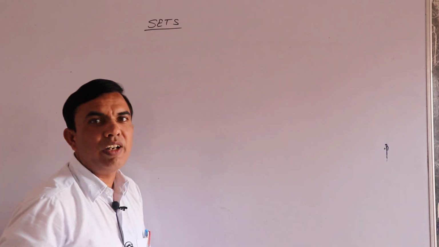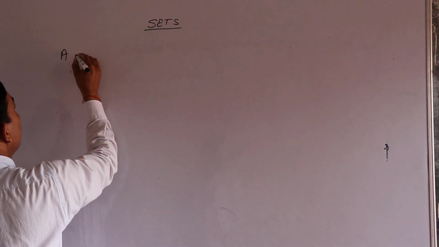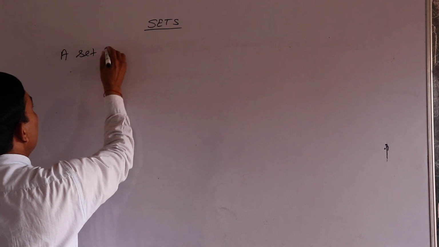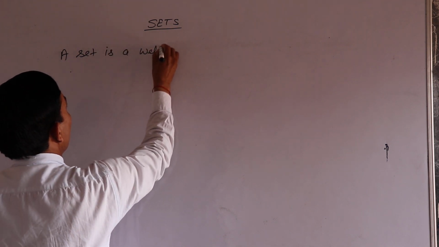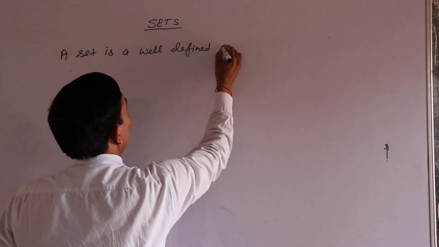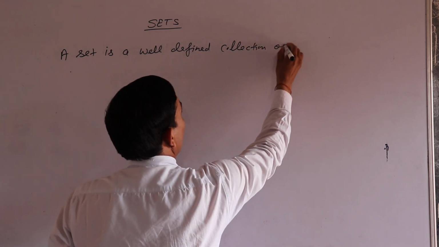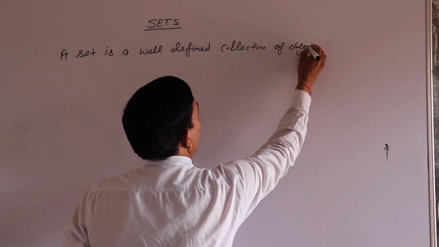Now students, the first definition is: what is a set? A set is a well-defined collection of objects.